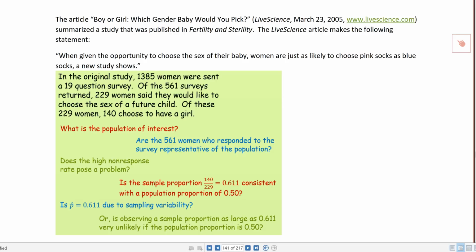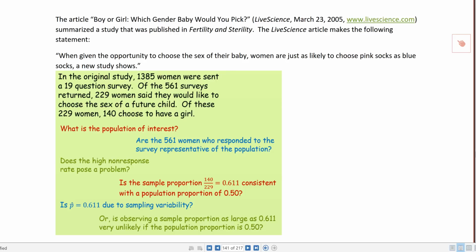So in this original study, 1,385 women were sent a 19-question survey. Of the 561 surveys returned, 229 women said that they would like to choose the sex of a future child. Of the 229 women, 140 chose to have a girl.